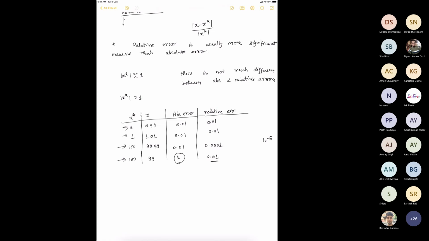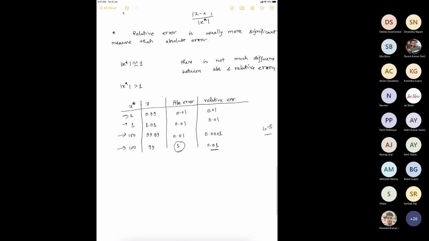So if you're setting the stopping criteria using absolute error, you have to use a lot of iterations to reach the tolerance you set in the algorithm. Okay, so the relative error is most of the time a good measure for the tolerance when we set it. So we will use the relative error to stop the algorithms.